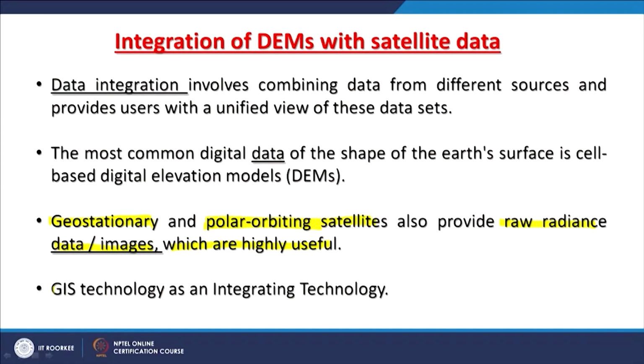Now, as you know, GIS is a platform which provides the tools and technology to integrate various types of data coming from a variety of sources, not only vector data, but raster data like satellite images. So, it is a wonderful platform from the data integration point of view, and of course analysis, and finally at the end of the day one always tries to go for modeling or prediction.